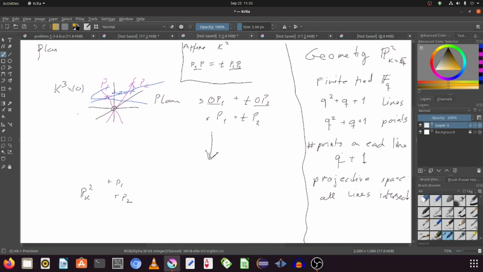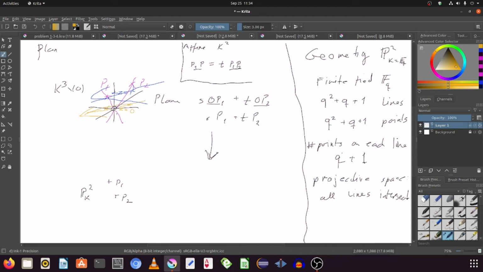And if you go to the complex plane, then you just go down here to z equals 0. Or the line need not go through the center.